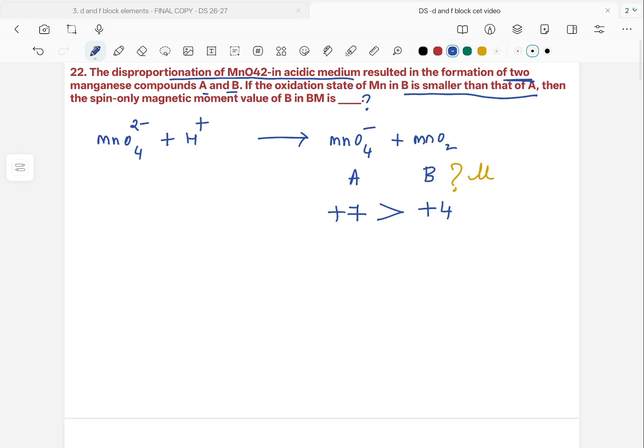So here manganese is in +4 oxidation state. The valence electrons of manganese is 7, lost 4 electrons. It has 3 unpaired electrons.